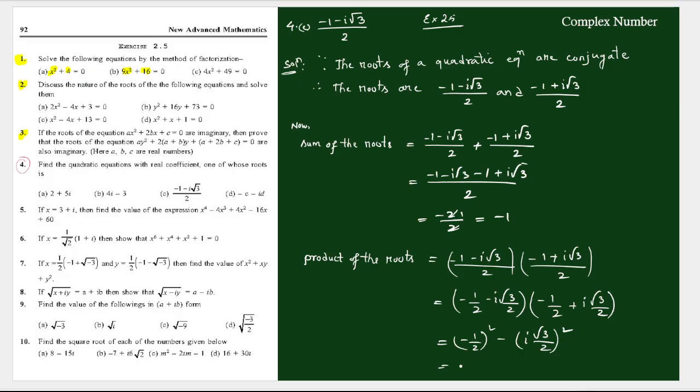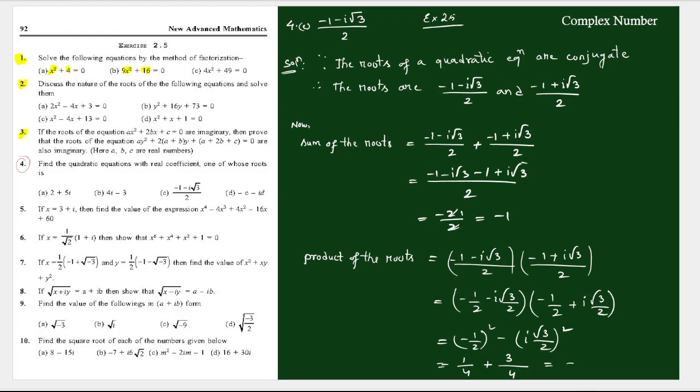So minus minus become plus, 1 square is 1, 2 square is 4, here I square is minus, so minus minus, plus √3 square is 3, and then 2 square is 4. So now if you take 4 as the LCM, then we get here 1 plus 3, which is nothing but 4/4, and this is also 1.